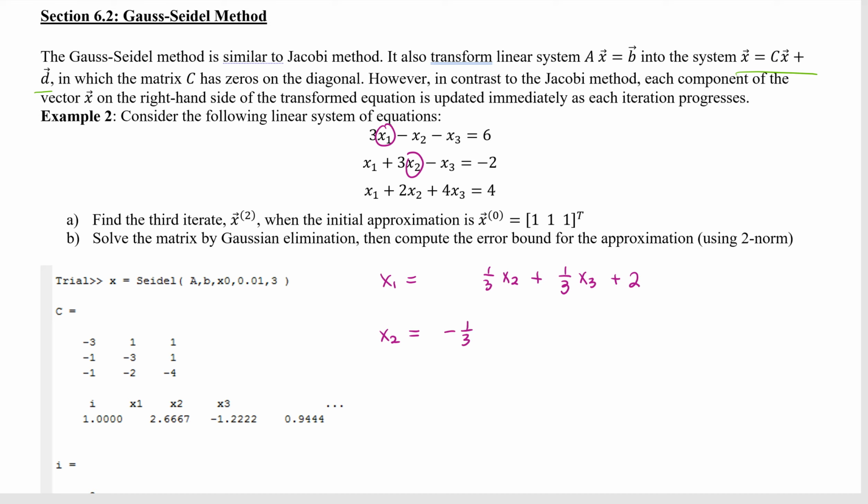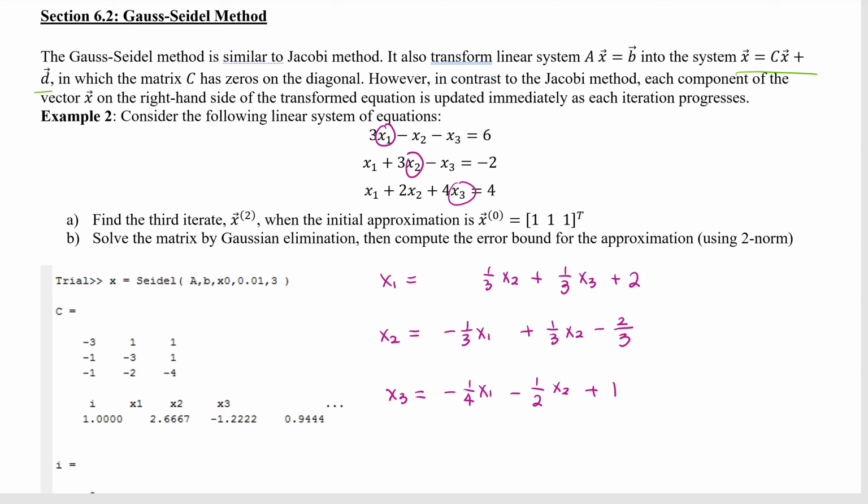We get minus 1/3 x1 plus 1/3 x2 minus 2/3. For x3, move x1 to the other side, it becomes minus x1, and we divide by 4. Move the x2 to the other side, and 2/4 is the same as 1/2, and 4/4 is 1. So far so good, everybody?